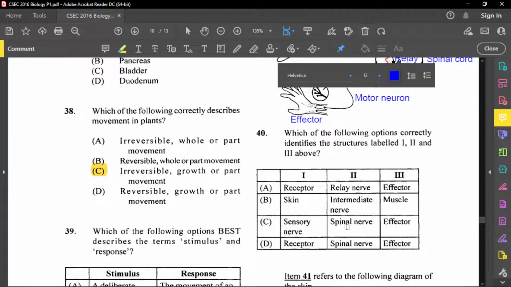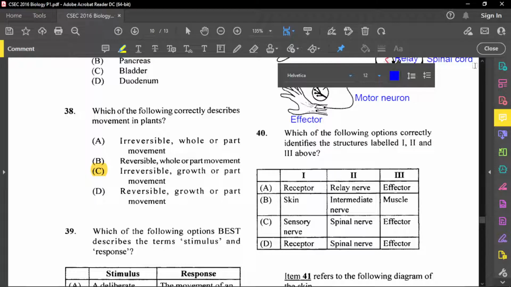And so I could work with either C or D. As a matter of fact, we have no choice based on the incorrect statements in A and B. And it's a spinal nerve because truthfully, the sensory neuron, the relay neuron, and the motor neuron all connect in the spinal cord. And as such, you can call them spinal nerve, right? So the first one cannot be a sensory nerve, because the first one has to be the receptor, and then the last one has to be the effector, which is 3.